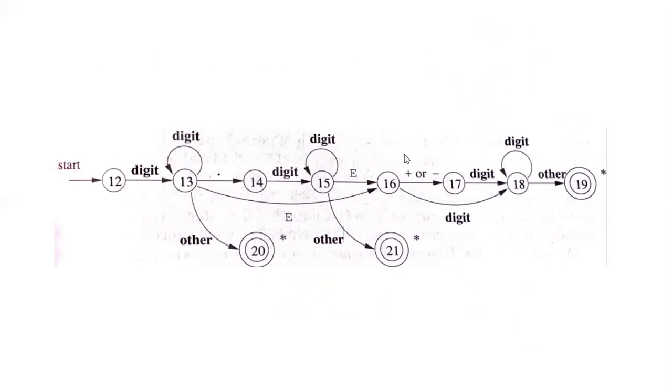Okay. So this is quite a complicated transition diagram, as you can see. It covers both numeric, that is integers, as well as floating point numbers, and floating point numbers in exponential format. Okay. So all of these will work in this manner.